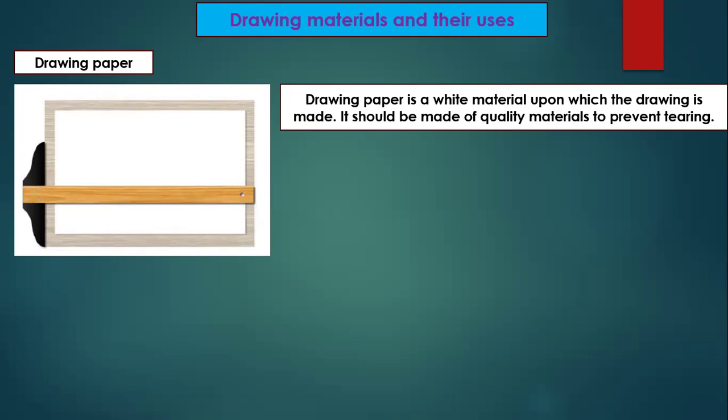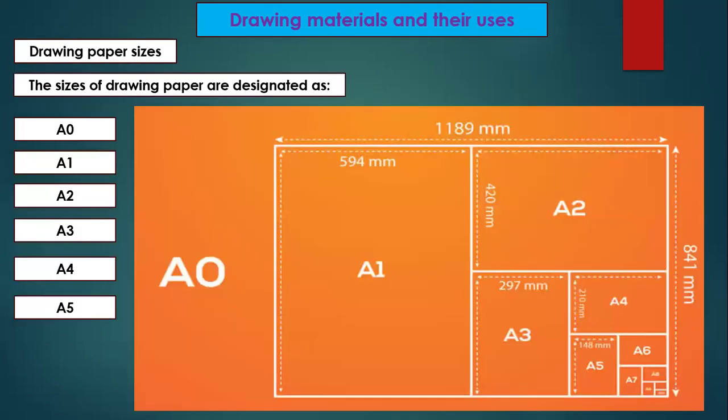Then we need to talk about the different sizes of drawing paper. As you can see here, drawing paper sizes. The sizes of drawing paper are designated as: we have A0, A1, A2, A3, A4, and A5.